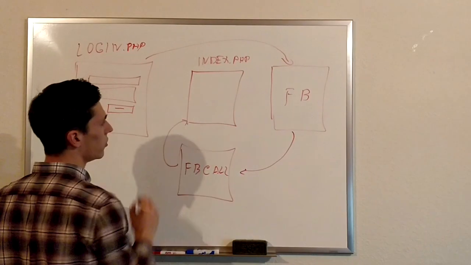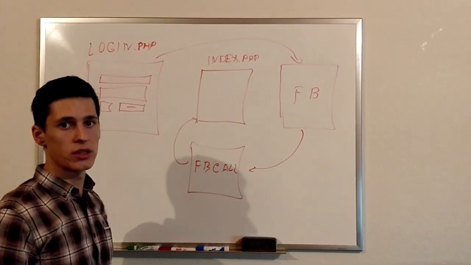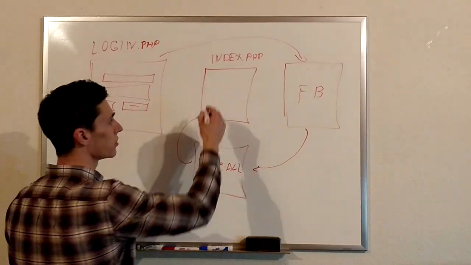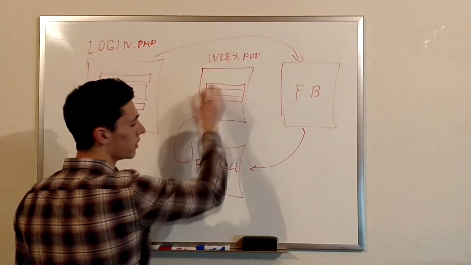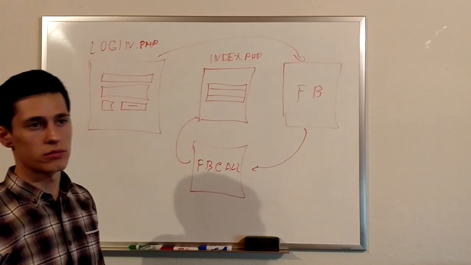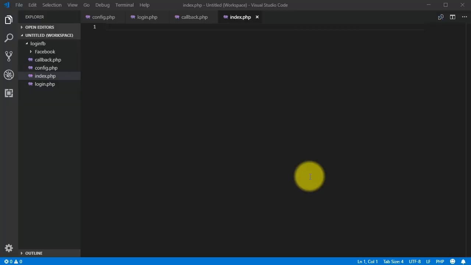On this page we will output all the data we have in our PHP session. There is going to be a table, and in this table we will have user ID, username, and user email. So let's go ahead and get started.